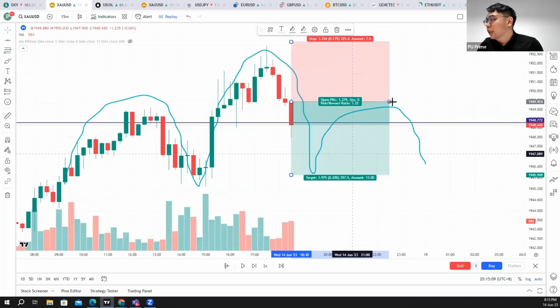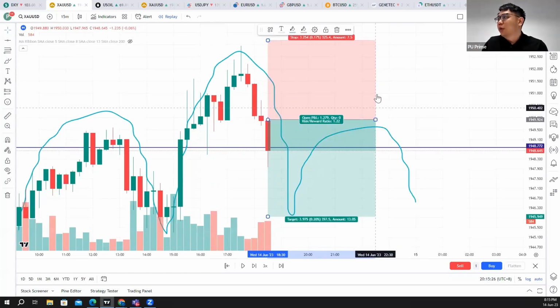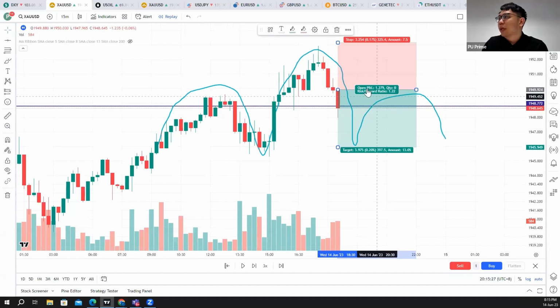So you see the profit will be about 400 pips, and then you minus out a bit of the spread. But this one is not really a good trade, because the ratio for the stop loss and the TP is quite similar.